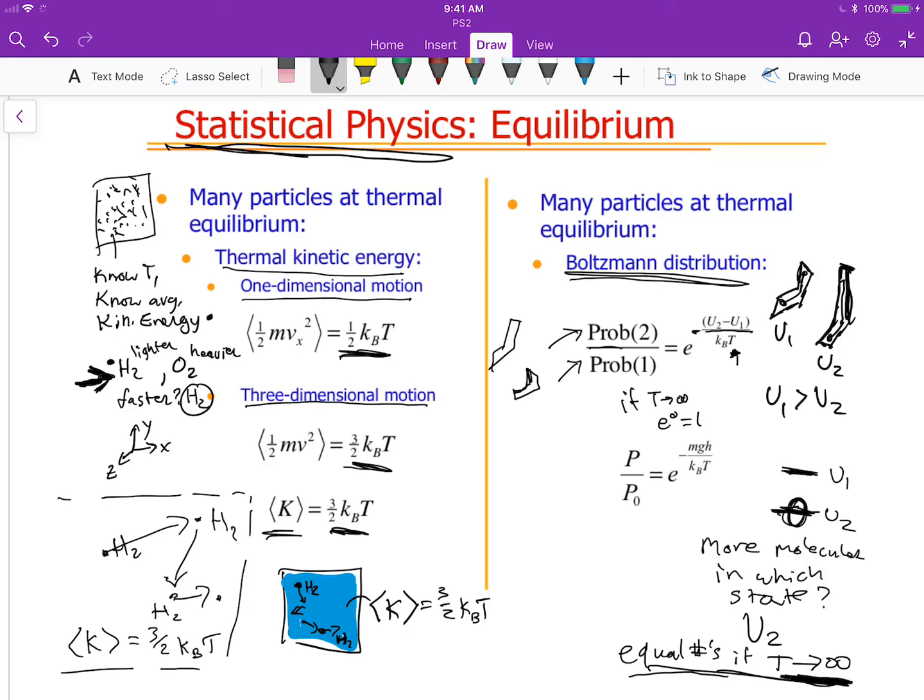That means the probability of being in configuration 2 and the probability of being in configuration 1 are going to be equal, right? If they're equal, then we divide one by the other, and you just get 1. So that's the basic idea there. And then we went over this. We also went over this a little bit earlier.